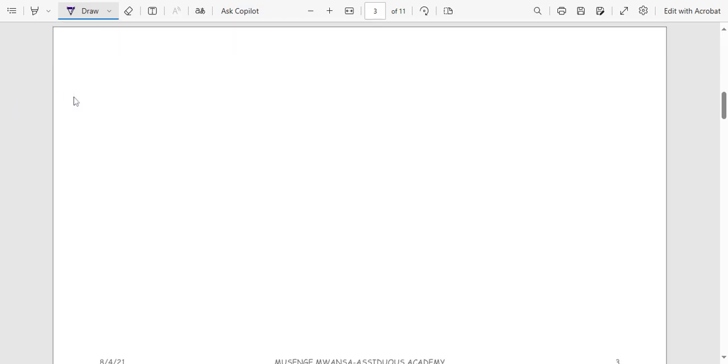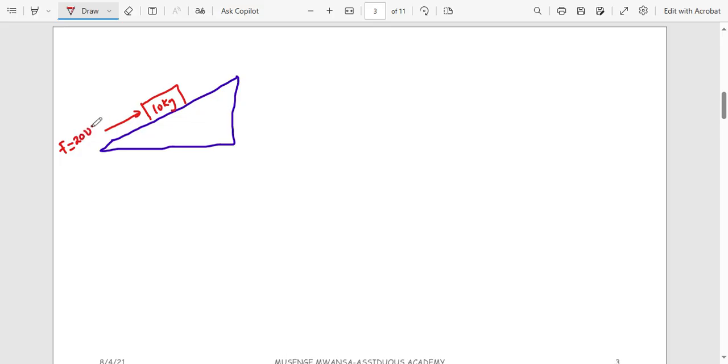Okay. So let's do a simple practice question. Say you have got an object here that is on an incline, and here is our object. It has got a mass of 10 kg, and you are pushing it up an incline with a force of, say, 200 newtons.